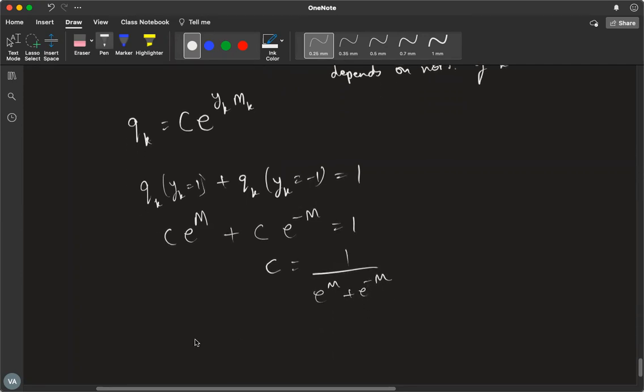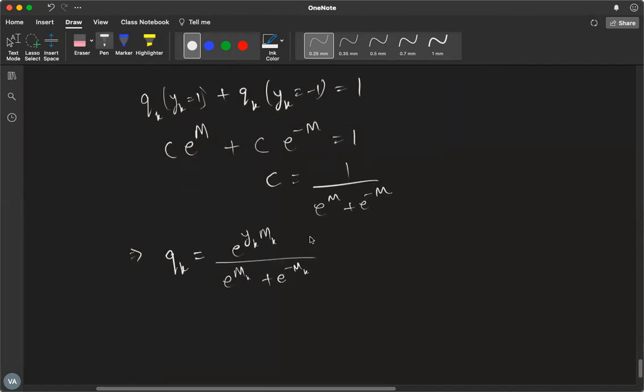So this implies my qk is simply exponential of yk mk divided by exponential of m plus exponential of minus m. And you know what this term is?